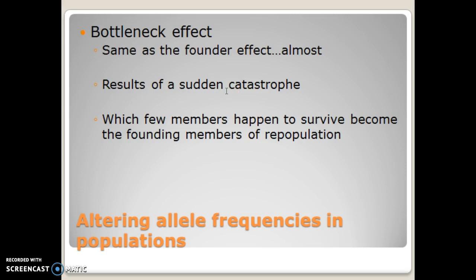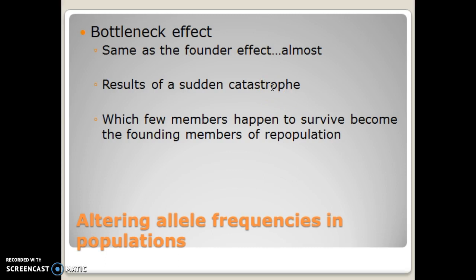In this case, the individuals that survive are completely random, and whichever few members happen to survive that catastrophe are the ones whose traits are going to be used in the repopulation of the species. In the bottleneck effect, and the growing repopulation, it isn't necessarily the best suited individuals that survive this catastrophe. It's a catastrophe.